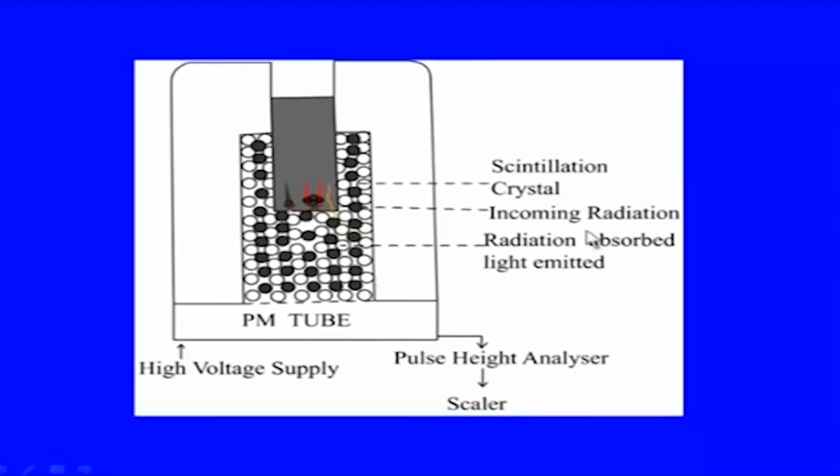This is a very simple schematic of solid scintillation counting. This is the radioactive sample, and surrounding it very close are the fluor or scintillation crystals, which will be excited by the incoming radiation, for example gamma rays.